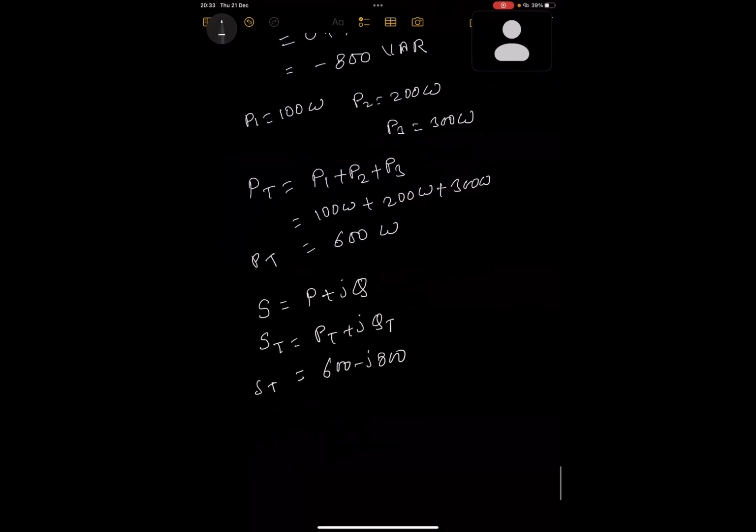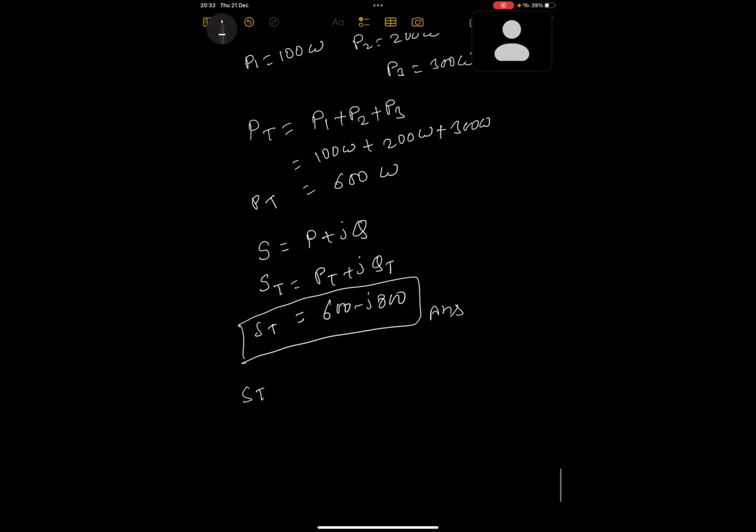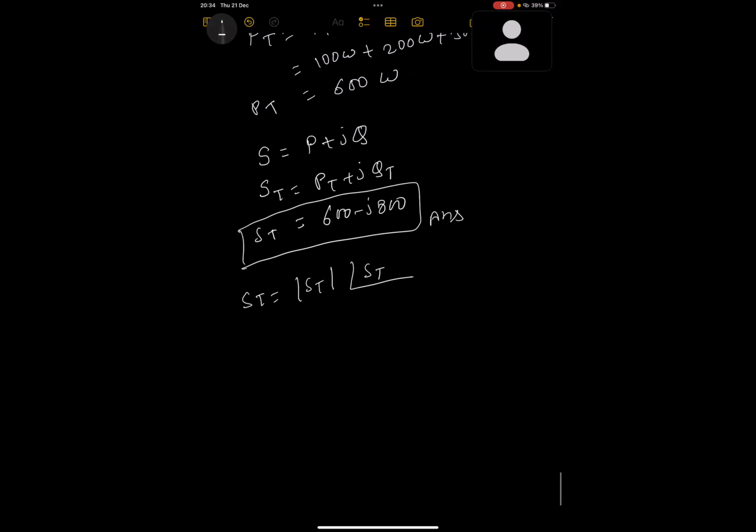Okay. If you have to find out, this one is your answer. If you convert it in the angle form, how can you convert? ST equal to mod of ST angle of ST. Remember one thing, x plus jy can be represented by, suppose this one is your z, modulus of z angle of z. So mod of z is equal to under root of x square plus y square.